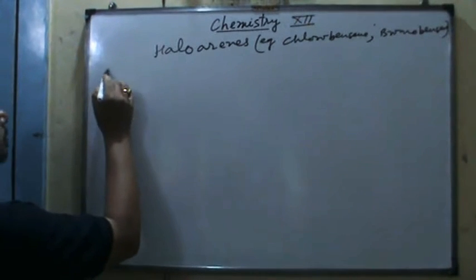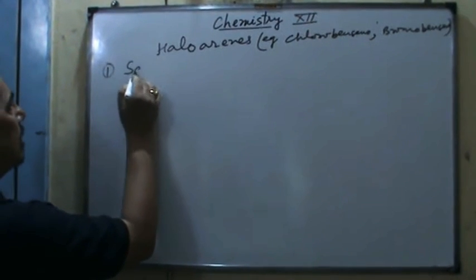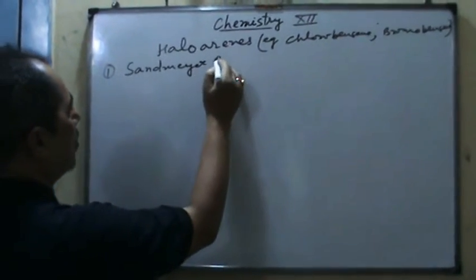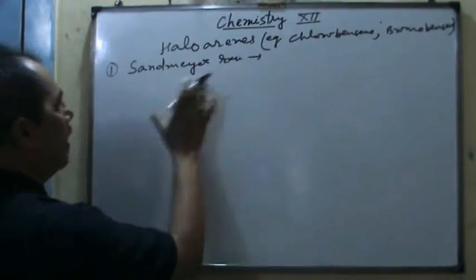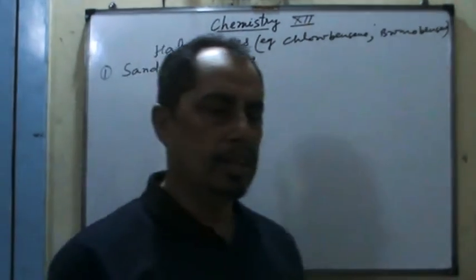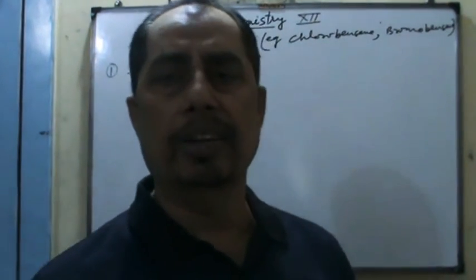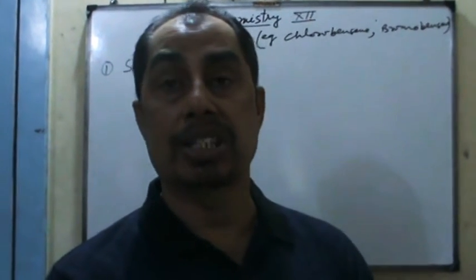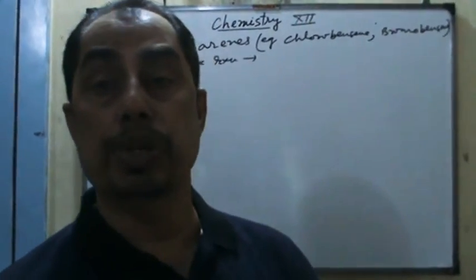First is the, what is that reaction? Sandmeyer reaction. Actually this reaction is very helpful to get chlorobenzene, bromobenzene as well as cyanobenzene by taking benzene diazonium chloride.